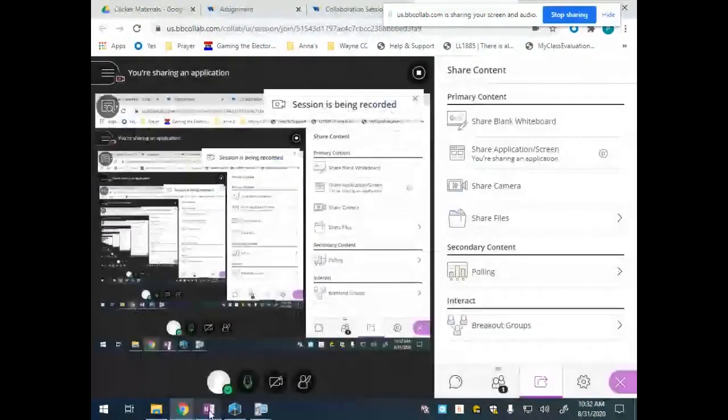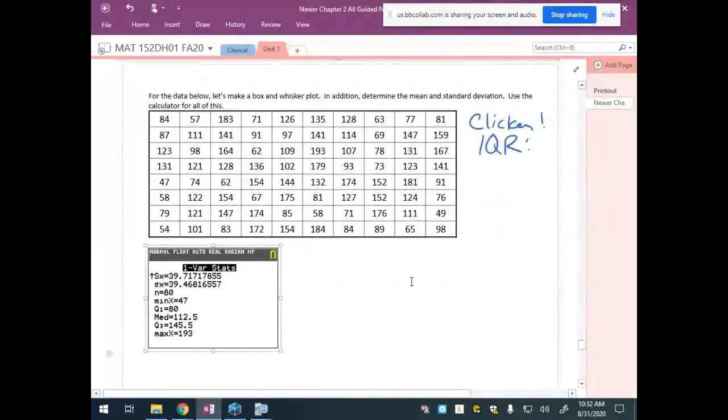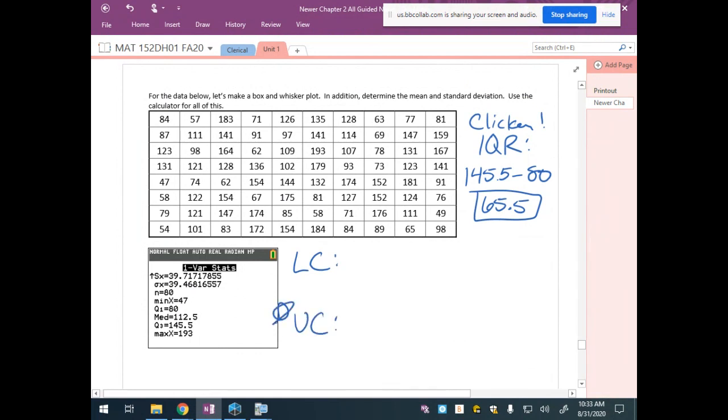All right. So a one variable stat. So for the IQR, we get 145.5 minus 80 for an IQR of 65.5. Now, what I want you to do is calculate the lower cutoff and the upper cutoff, and the upper cutoff will go in the clicker in one moment.